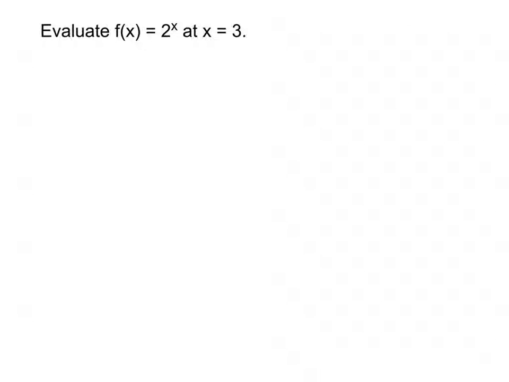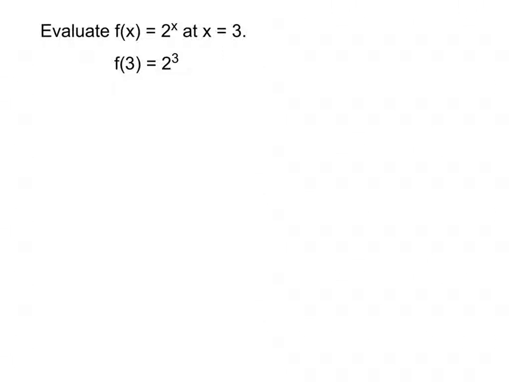Now let's say you want to evaluate the function f of x is equal to 2 to the x at x equals 3. So you plug in 3 for x, and you get 2 to the third, okay?